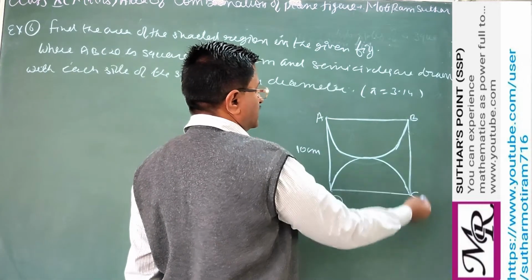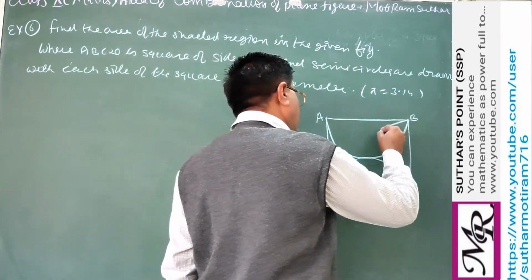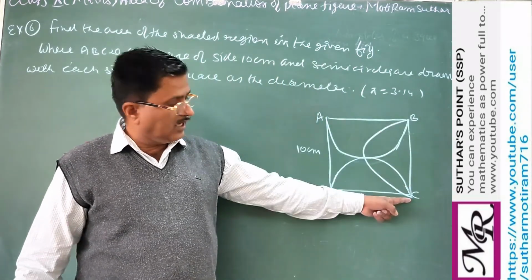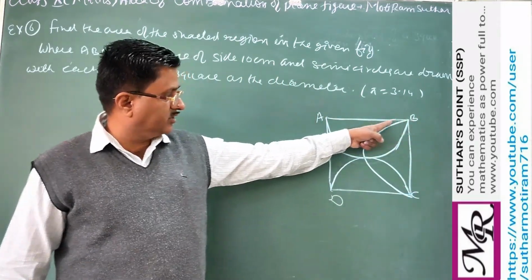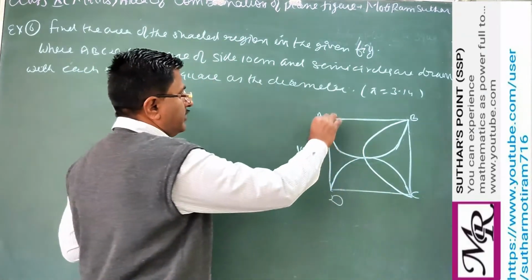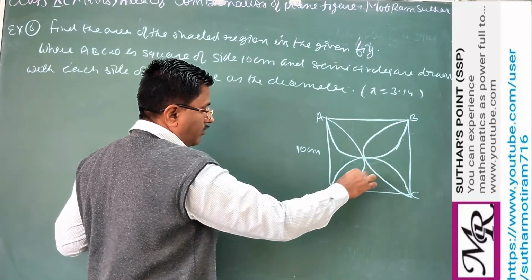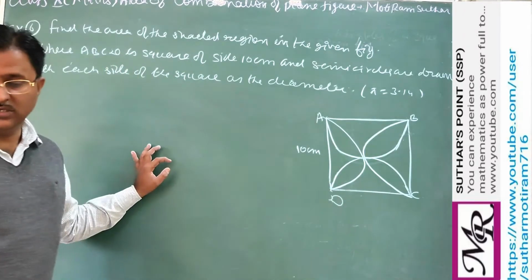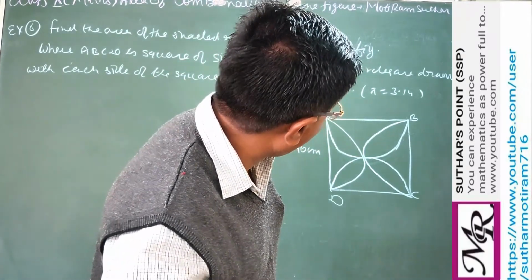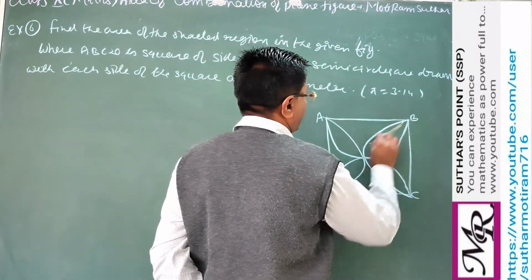Similarly, taking BC as a diameter, you draw a semicircle like this. Now AD as a diameter and we draw a semicircle. Then it says you have to find the area of the shaded region.